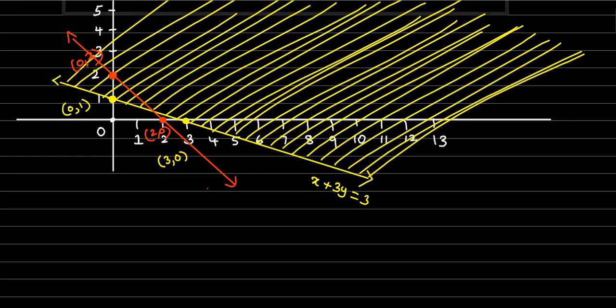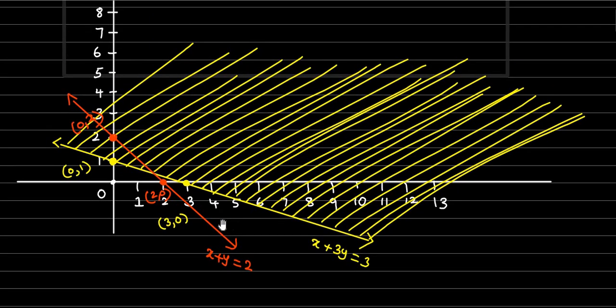This red line is the x plus y equal to 2 line. Now forget about the previous line, that is x plus 3y equal to 3 line. After drawing this red line, you can see the graph is dividing into two portions. One is above, the other one is below.